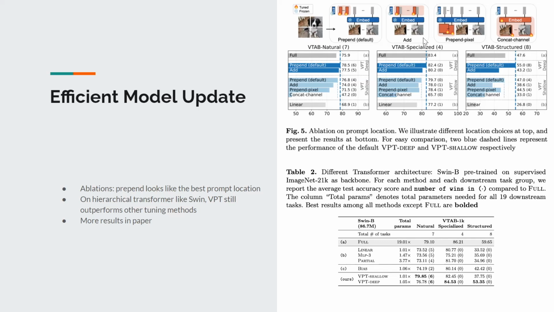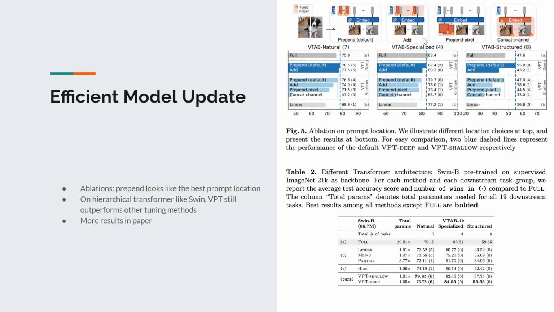Now, does that explain it? It does not. But ViT also sort of tells us the same thing, that a prepended token is a very representative thing. So I don't have the full analytical explanation, but I think empirically, that's what it is.